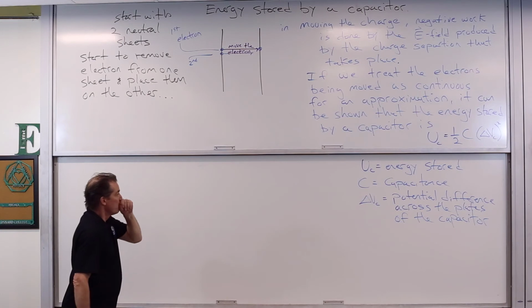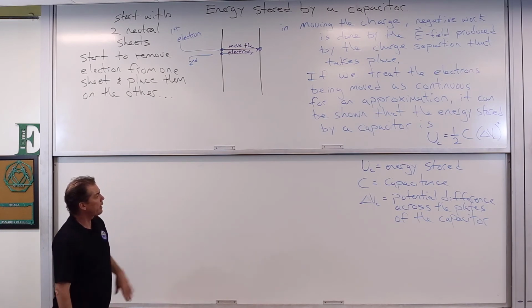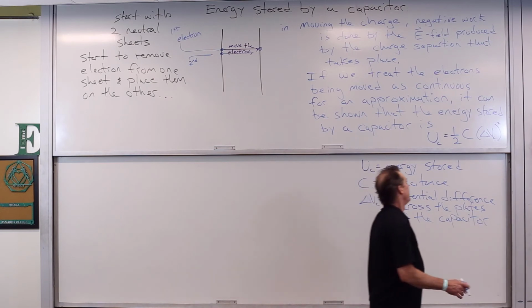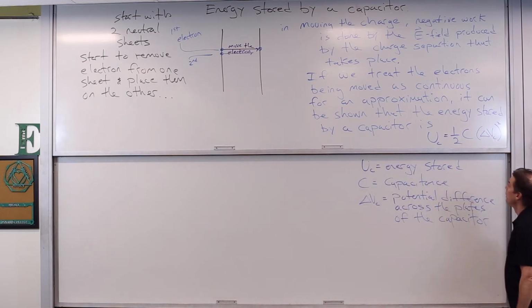There we go. So that's pretty much that for just stating it out. Now, you can of course show this as well. So that's more for the calculus-based course because we've got to be utilizing continuous charge distributions. So at that, all right.